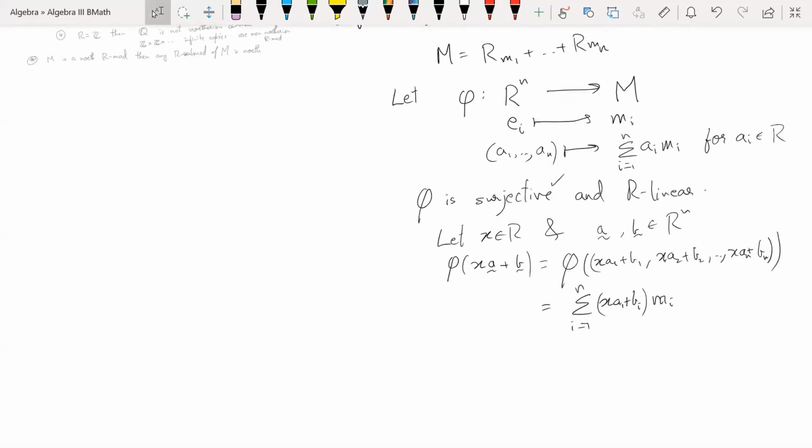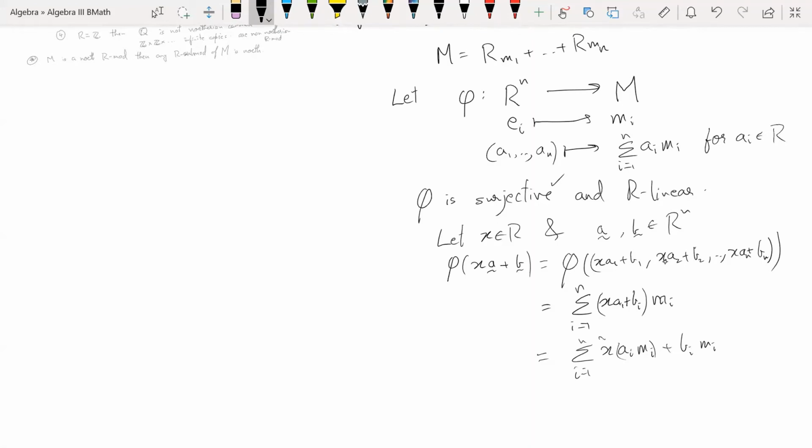And now we use the fact that M is an R module, and x, ai, bi are all elements of R. So this is the same as the summation of x ai mi plus bi mi.